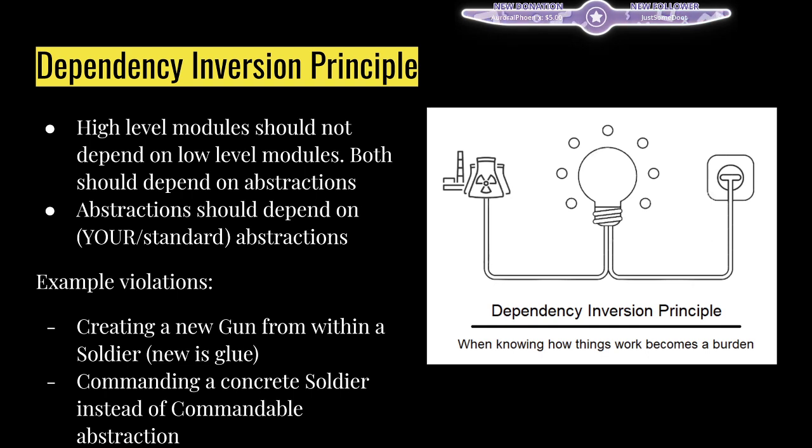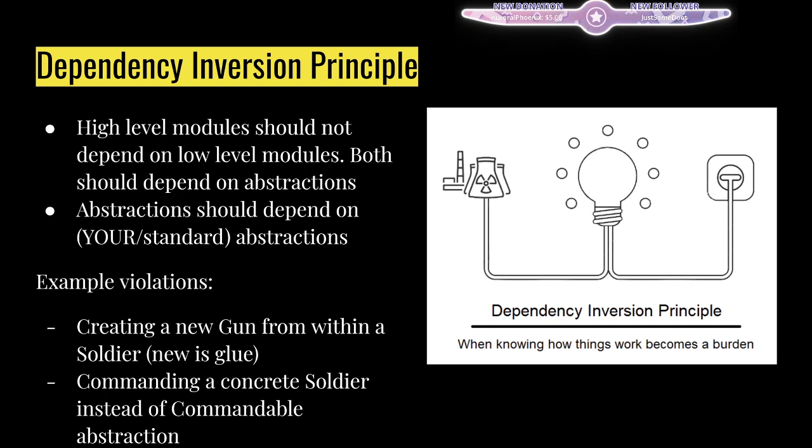And in most cases, you can remove the burden and simply say that for 99% of cases, simply inject stuff. If it provides logic, don't hard code it, inject it. So for example, if a gun provides logic of how to shoot, a soldier should not create a new gun by itself. It should take a gun as a constructor parameter. It should be injected.